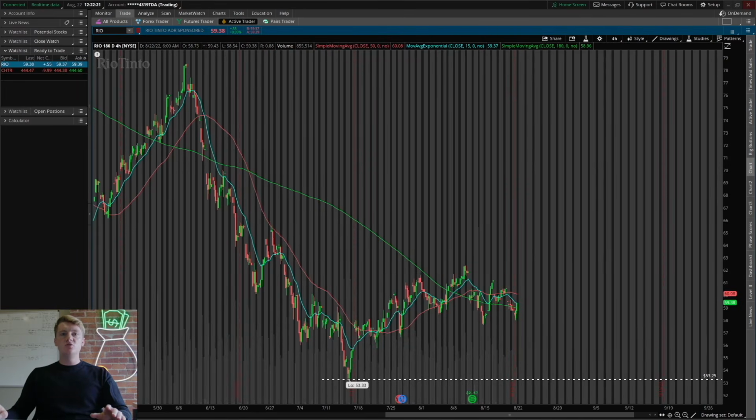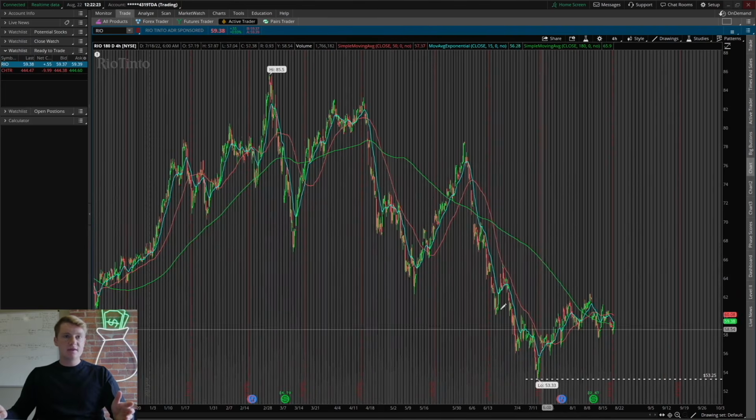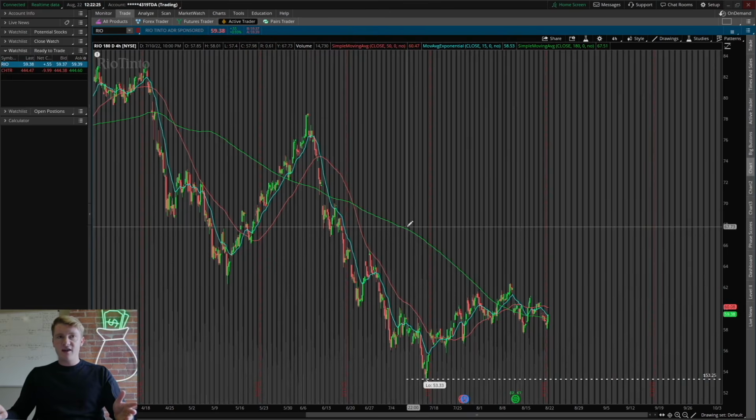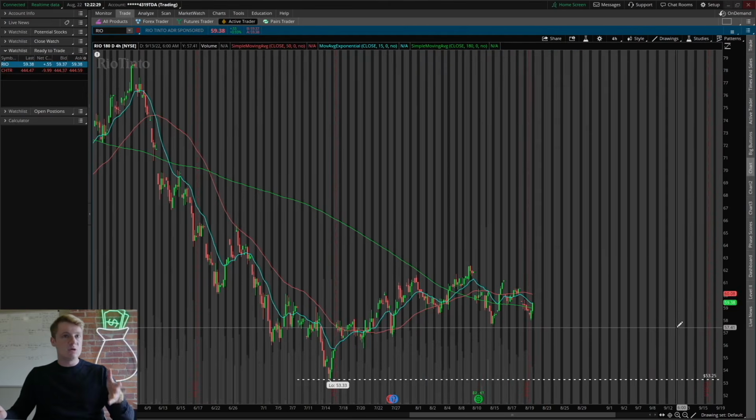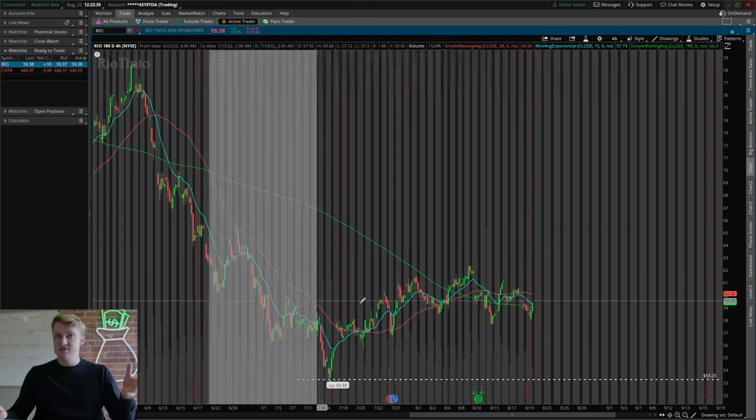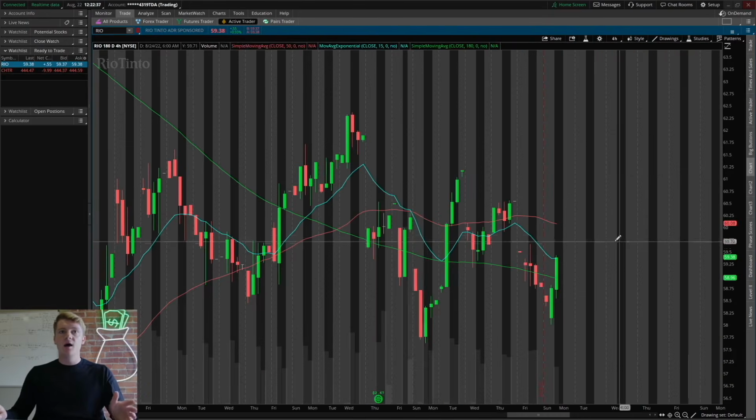Now, it's important to note that we could still take this trade, but due to the fact that the moving averages are not respected, we would more than likely want to manage this trade based off of candlestick support and resistance levels. So we ended up getting rejected right here at 62.36.